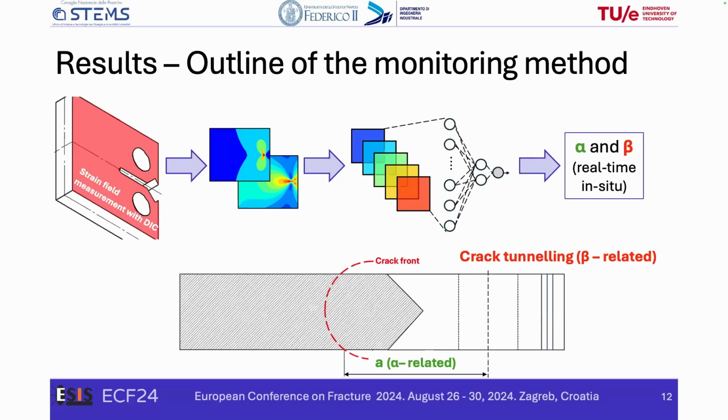Then we concatenate the strain along X and Y, and we input them to the neural network, the convolutional neural network. And finally, we predict alpha and beta, which respectively represent normalized crack length and the crack tunneling condition.